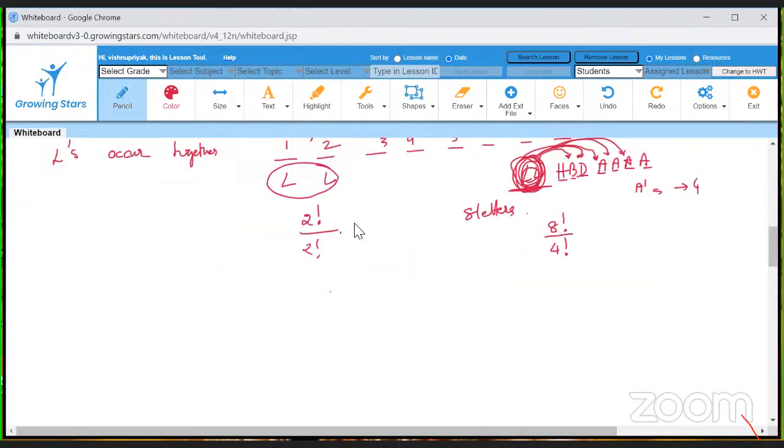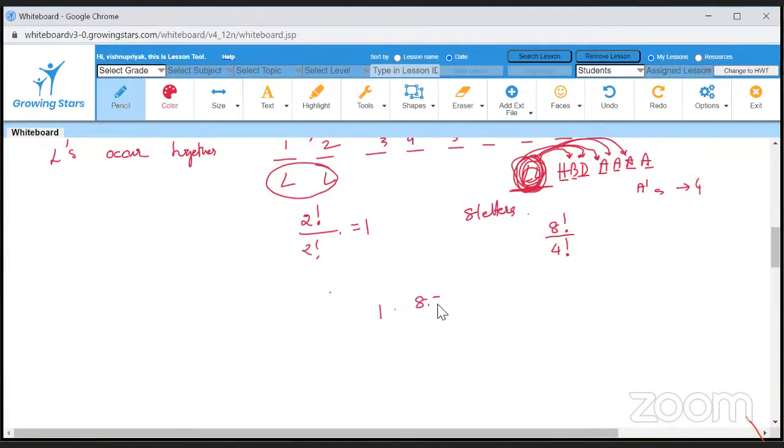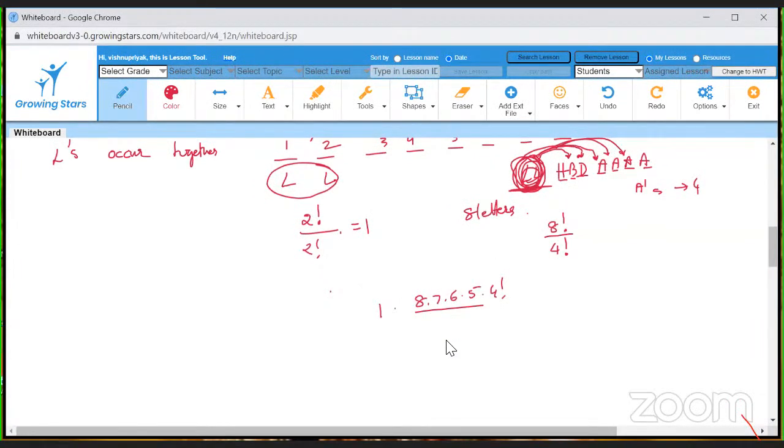So here 1 into 8 into 7 into 6 into 5 into 4 factorial by 4 factorial. 4 factorial and 4 factorial will cancel. 8 7s 56, 6 5s is 30. So 1680 words can be formed here.